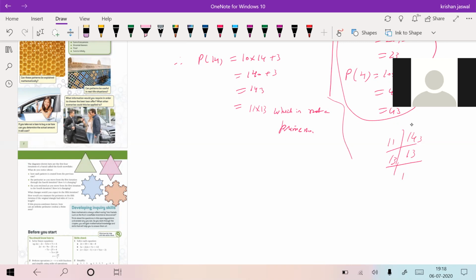But n is not divisible by 3. Therefore, the given statement is not true.